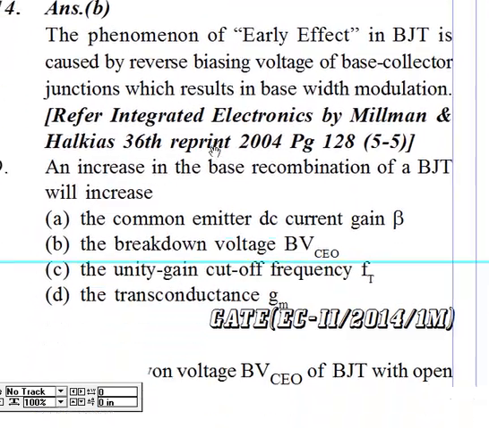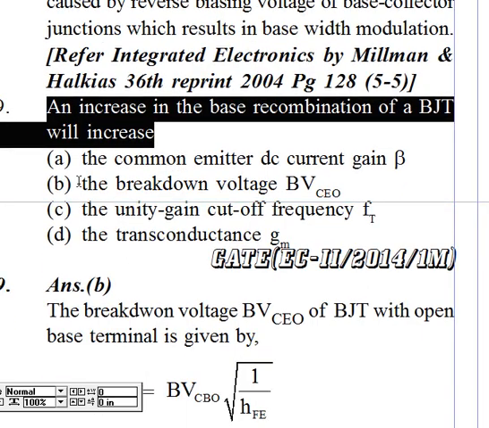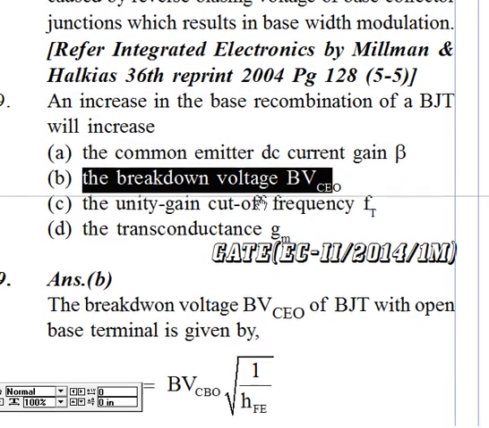Fine. Then an increase in base recombination of a BJT will result in increase in what? Breakdown voltage. How does it come? Let us see that.